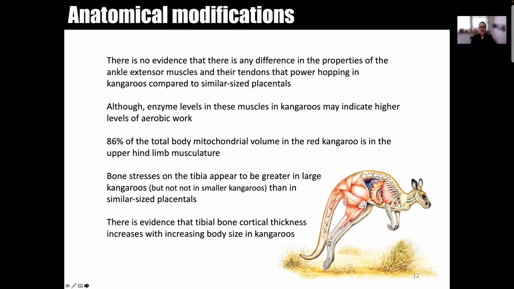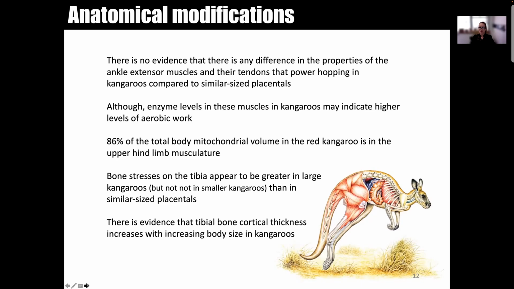Interestingly, there's no evidence that there is any difference in the properties of the ankle extensor muscles and their tendons that power hopping in kangaroos compared to similar sized placental mammals that don't hop. Although it has been shown that enzyme levels in these muscles in the kangaroos may indicate higher levels of aerobic work.